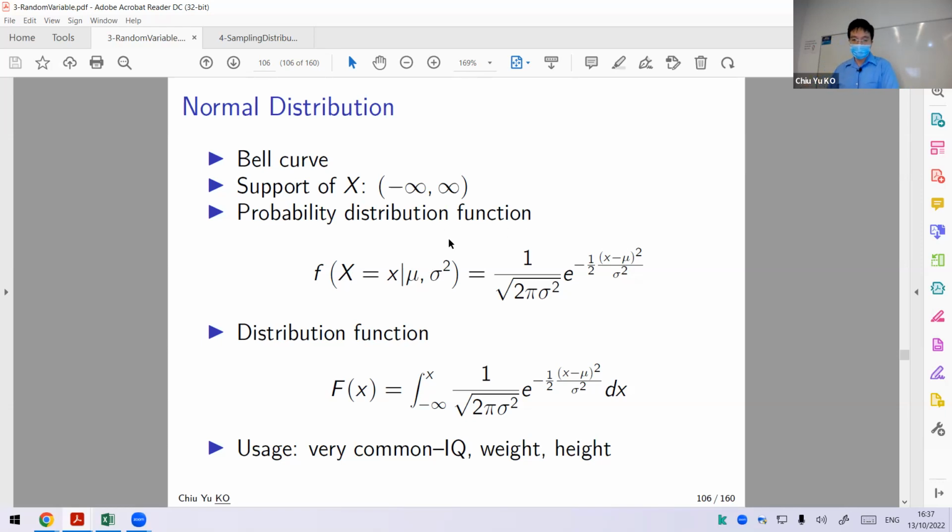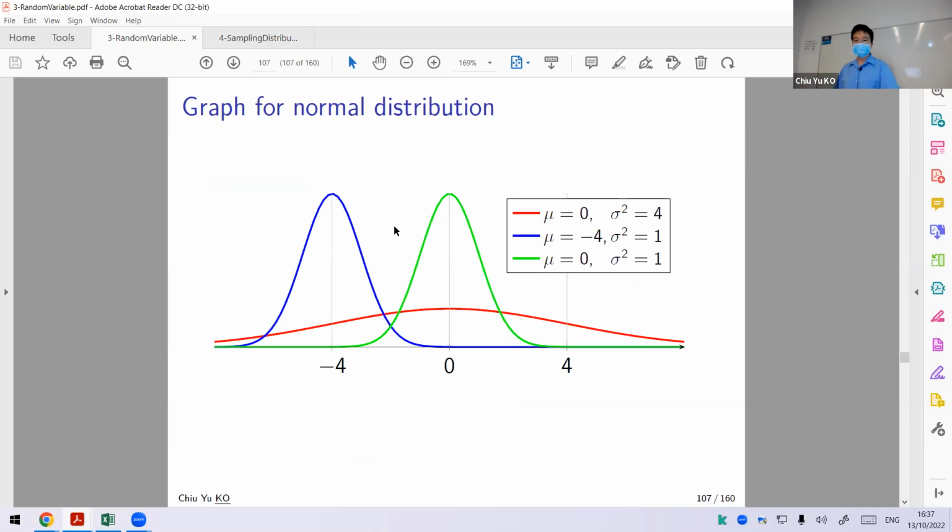Do note the role played by these two parameters: mu shifts the graph of the little f, and sigma squared determines how tall the bell is. In the normal case, the location of the bell and the shape of the bell are independent, controlled by different parameters, and that is the main point.